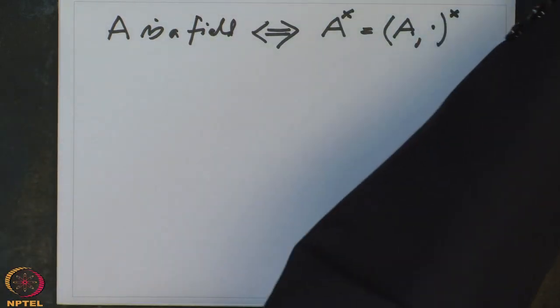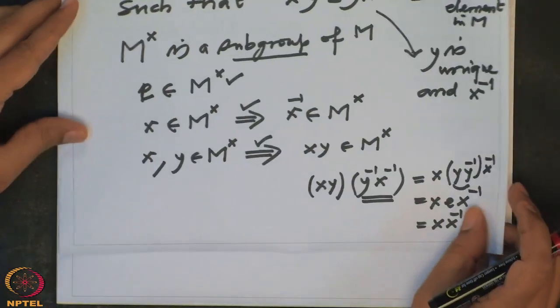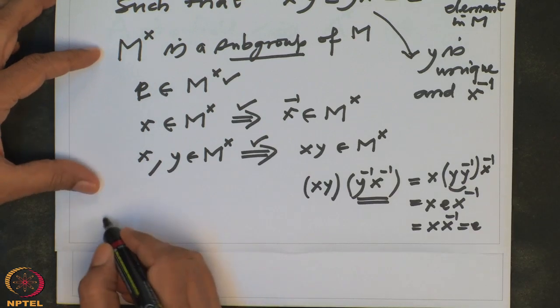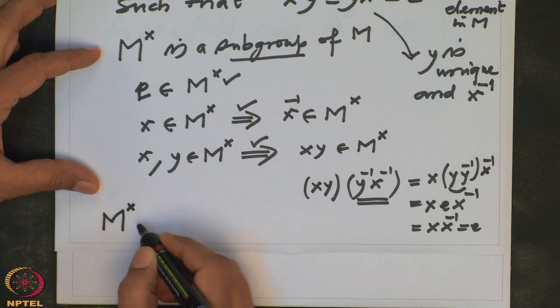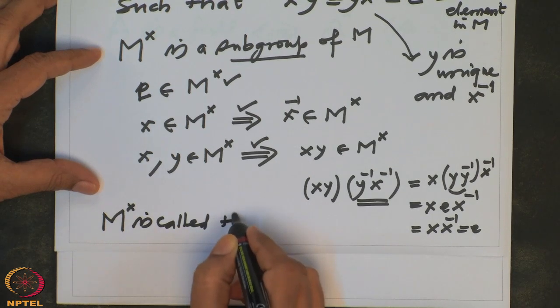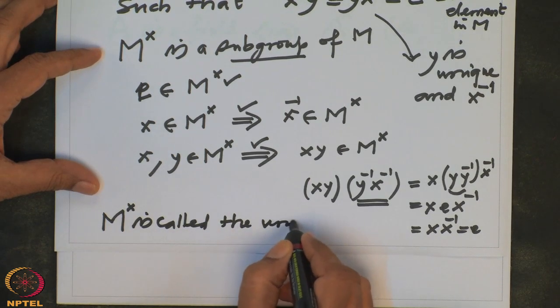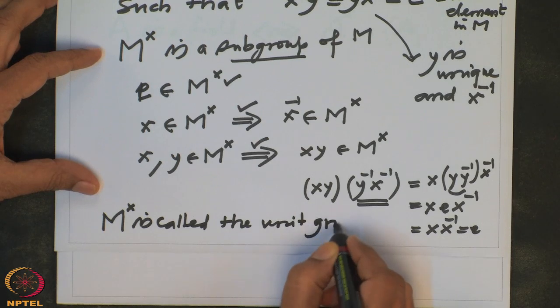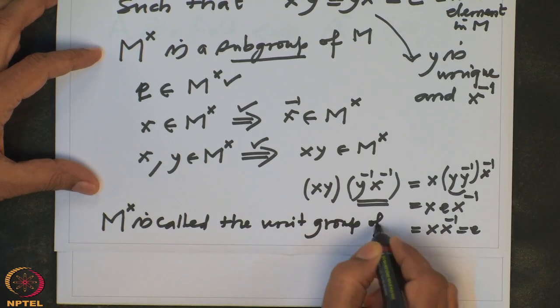I just want to say here that this M cross is called the unit group of M.